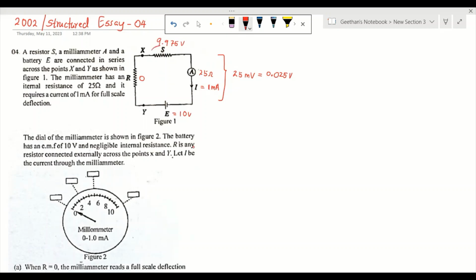So you can apply V equals IR: 9.975 equals 1 milliampere, that's 1 into 10 to the power minus 3, into R. So for R you get 9,975 ohms.